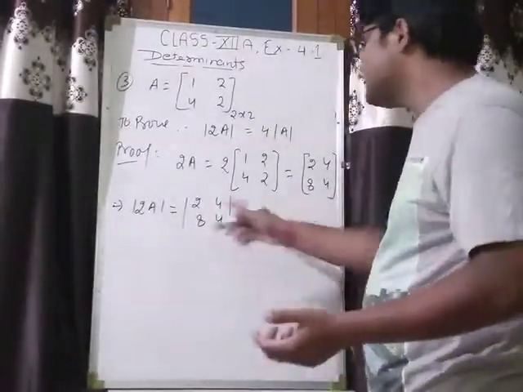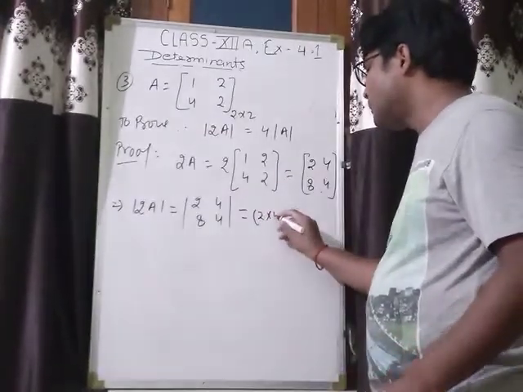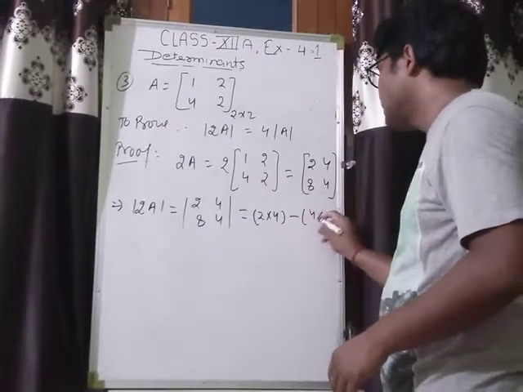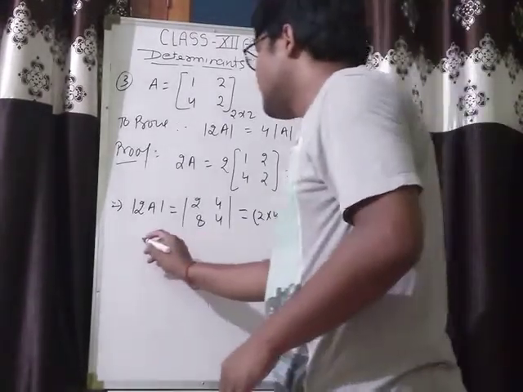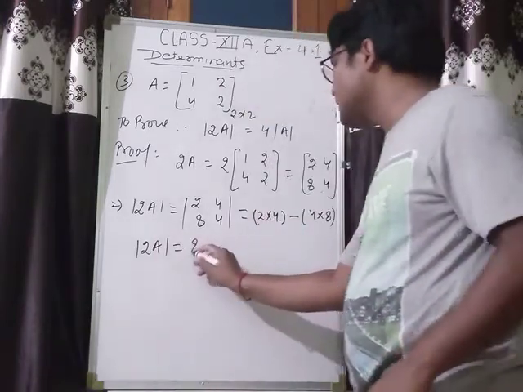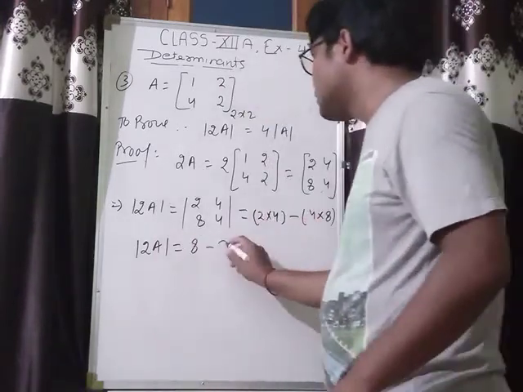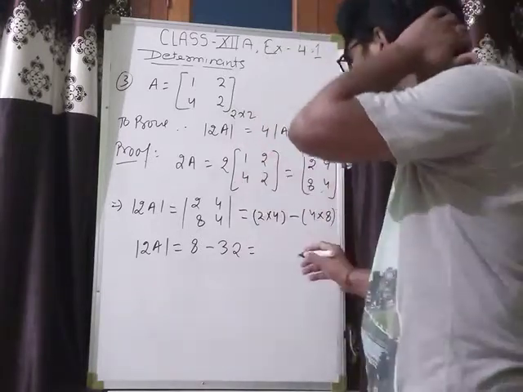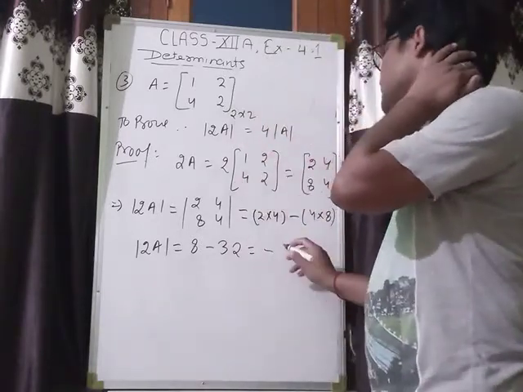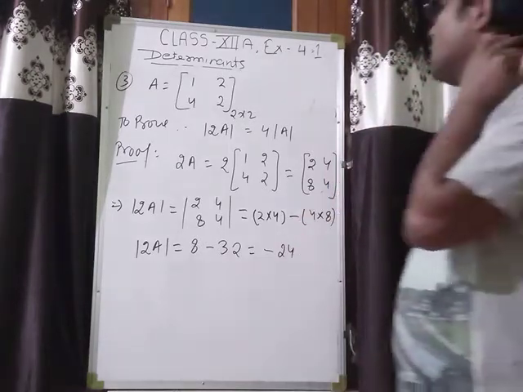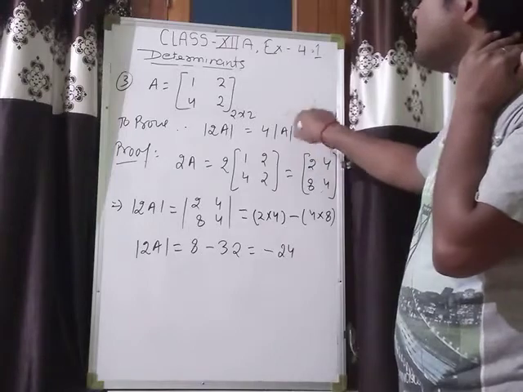Multiply diagonal entries, that is 2 into 4, minus multiply its off diagonal entries, that is 4 into 8. Clearly, the determinant of 2A is 4 2 is 8, 8 minus 4 8 is 32. So 8 minus 32, that is minus 24. Okay, minus 24. Now I am going to find out the determinant of A.